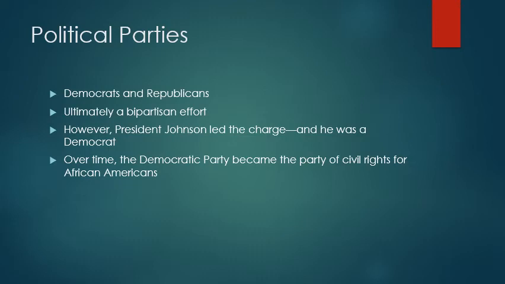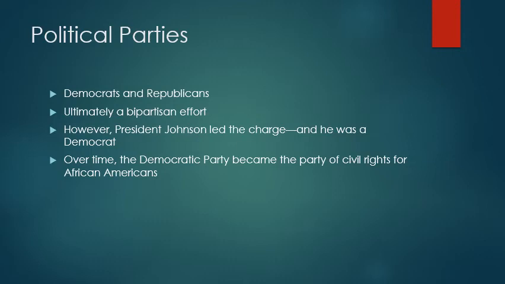So the Republicans, circa the mid-1960s, were very willing to go along with a civil rights agenda led by a Democratic president, albeit they had not pushed very hard under Dwight D. Eisenhower, who was the Republican president before John F. Kennedy. Eisenhower, I would argue, was lukewarm at best on civil rights issues.